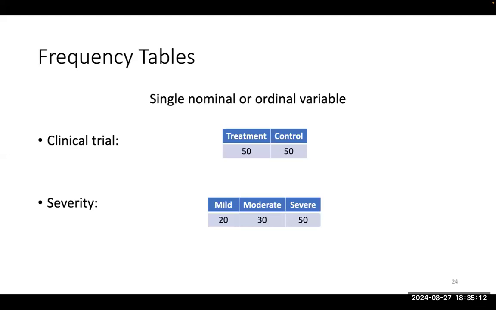As a way of how you can actually look at this, say you have a clinical trial with treatment and control, in a one-to-one fashion, half in the control group, half in the treatment group.